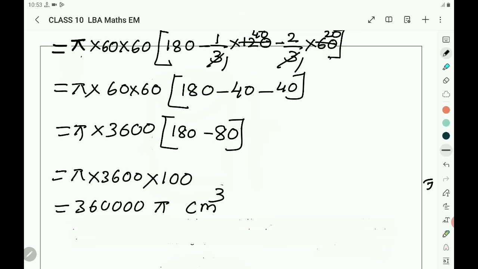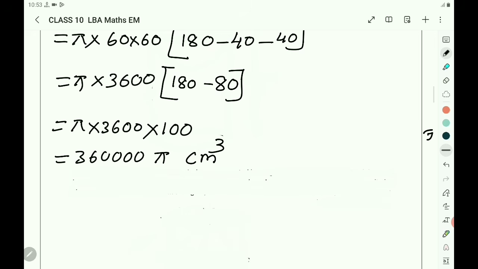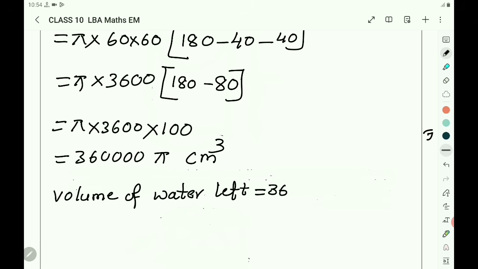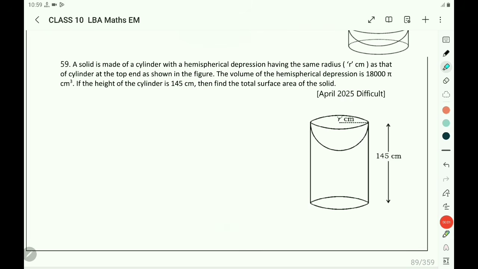You got the volume of water left equals 3,60,000 pi cm cube.